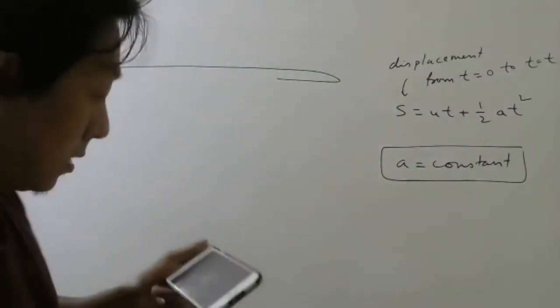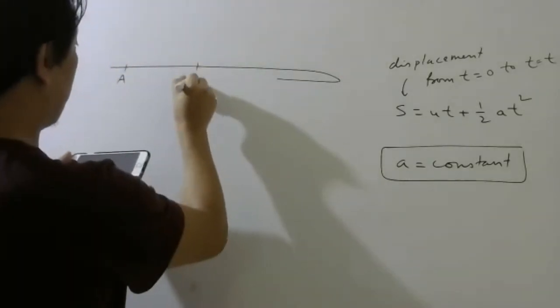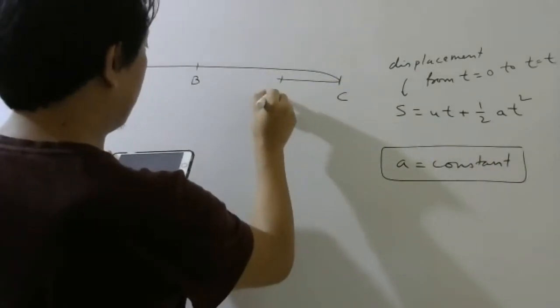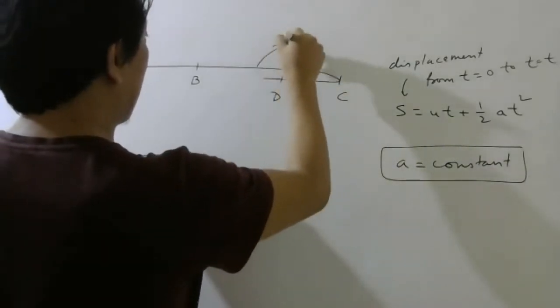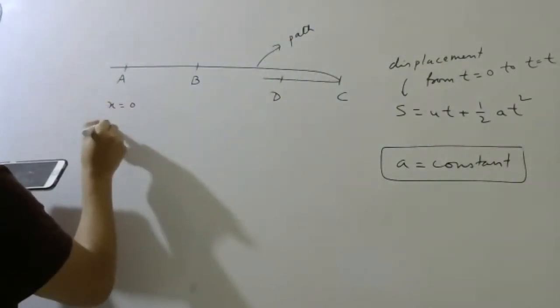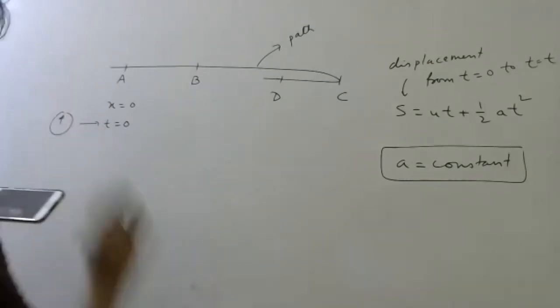Here I took point A, here I took point B, here I took point C, here I took point D. This was the path. This was chosen origin at time 0. So my stopwatch started from here.